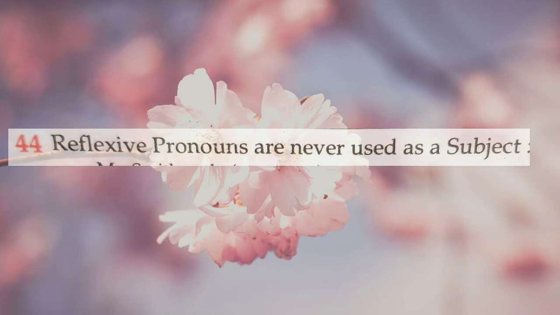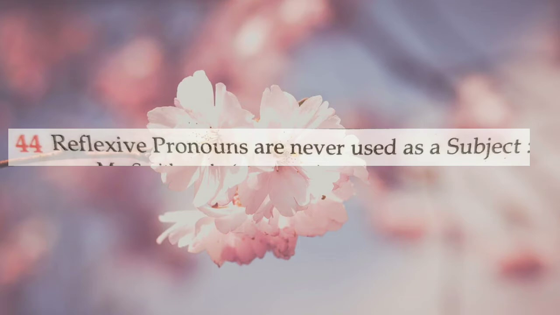But when you want to use it in the place of subject, use it as an emphatic pronoun. You can say I myself have done this work. So here actually our subject is I, but to emphasize the word I, you have used I myself. That is okay. But only a reflexive pronoun in the place of subject is never used.